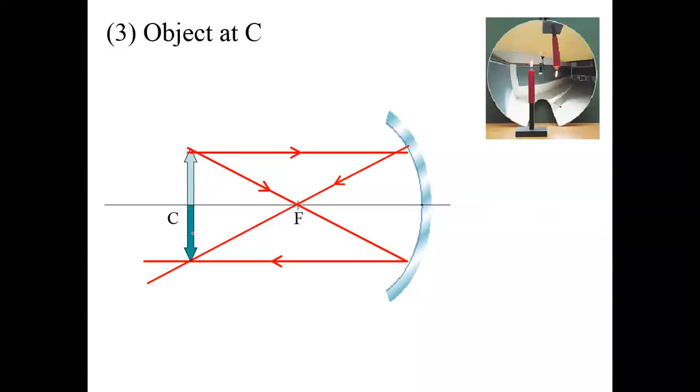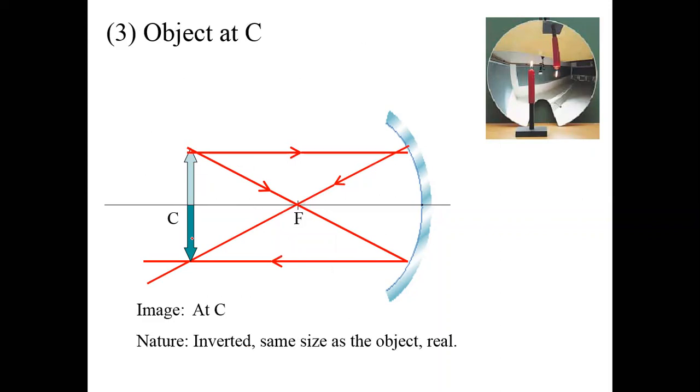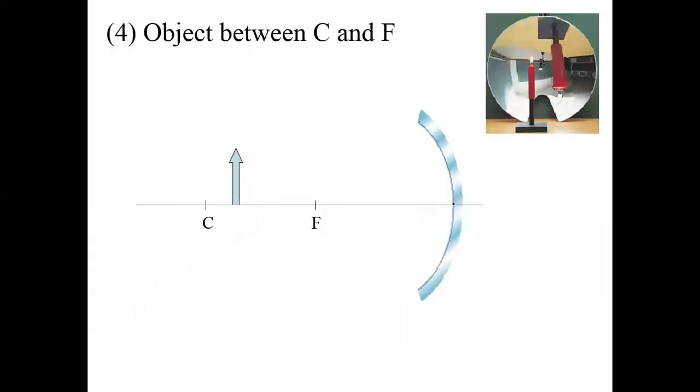The size of the image and the size of the object are going to be the same. The image is going to be real and inverted. So don't forget it, okay? When you want to get an image, you are going to use two rays. Don't forget this.